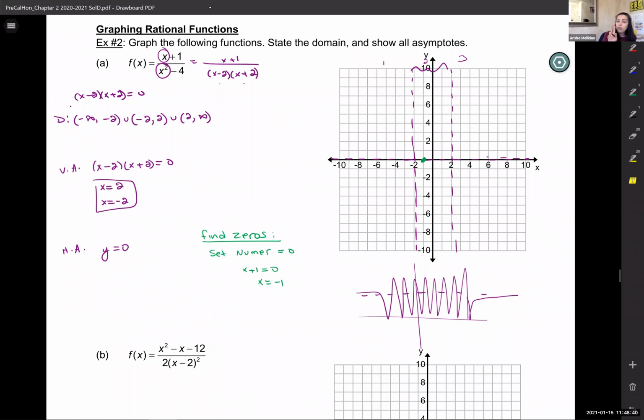So there are only 2 possibilities for the graph inside there. This is one possibility, and this is another. There is no other way for that graph to look. So how do you know which one is which? Just pick a test point and plug it in.